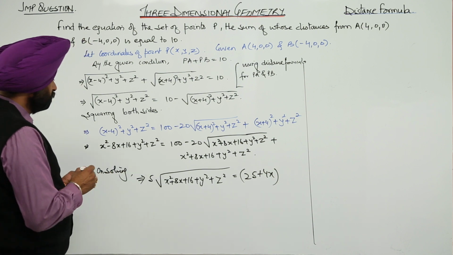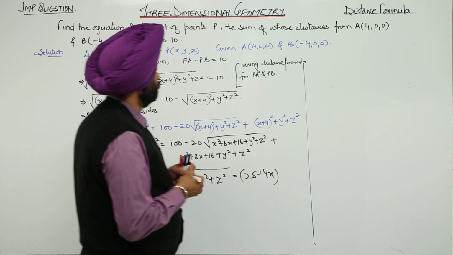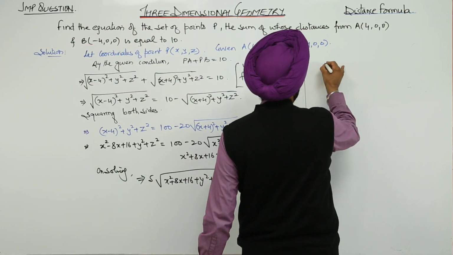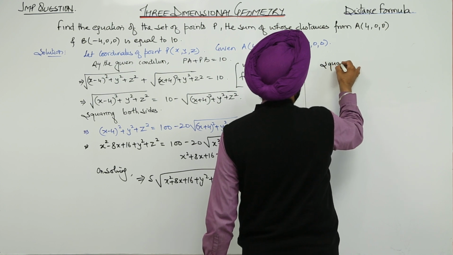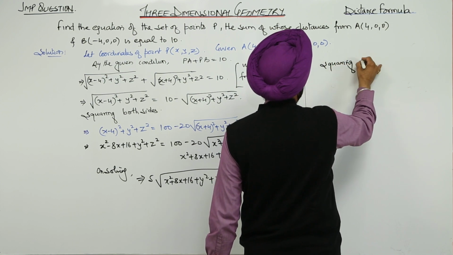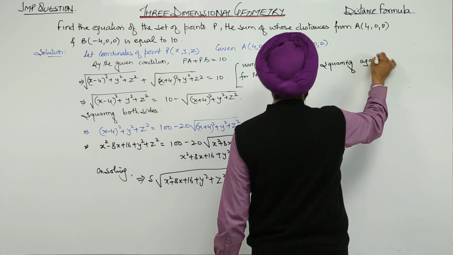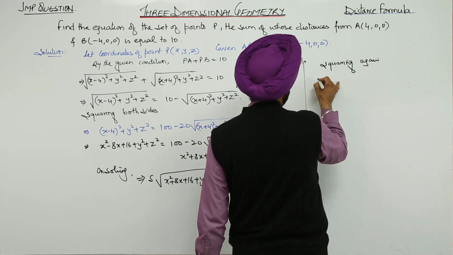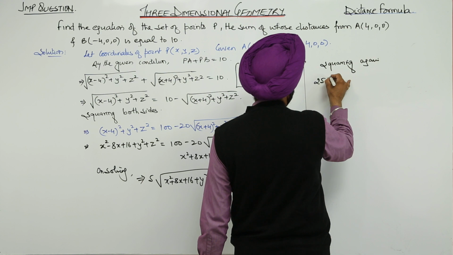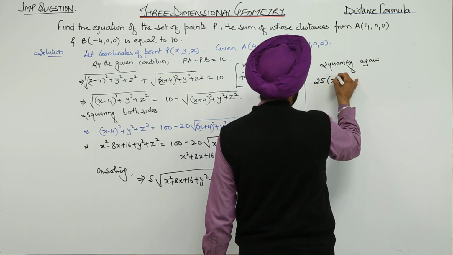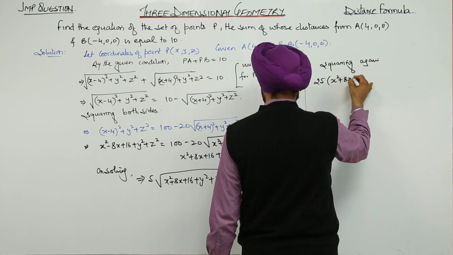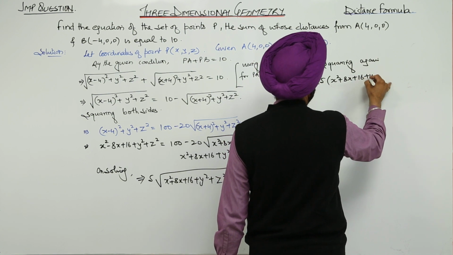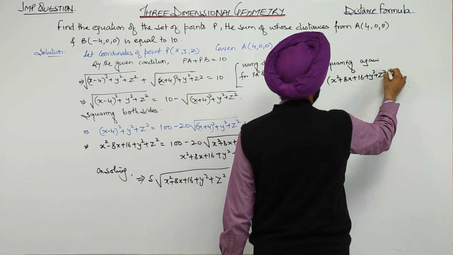Now squaring again. Now 25 times the square root of (x square plus 8x plus 16 plus y square plus z square).